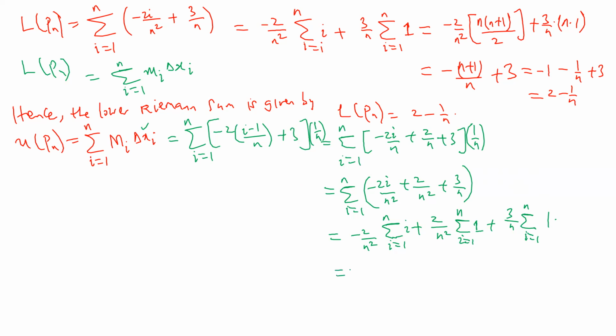So now this one is minus 2 over n squared, which is the sum of the first n natural numbers, and that is exactly that. So you have that squared, and then here you have 1 by n, and then here you have 3 over n, and then here you have only n by 1, like this.